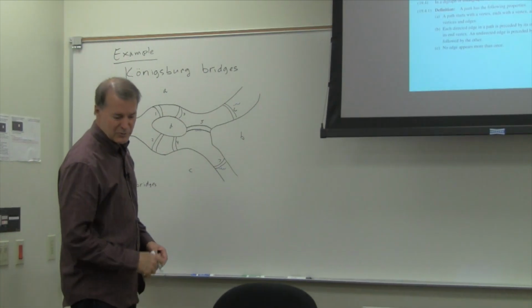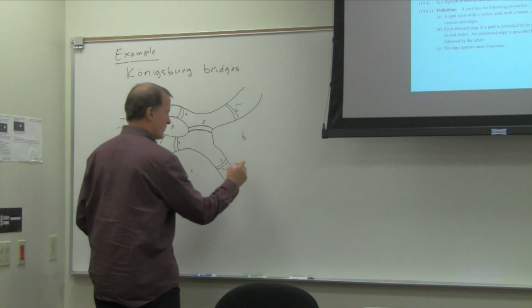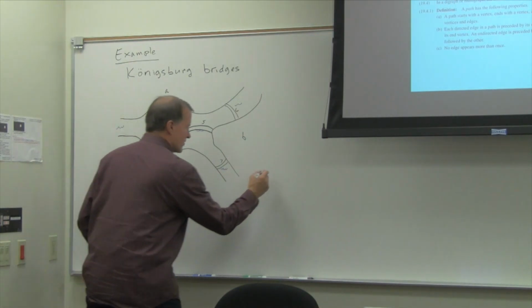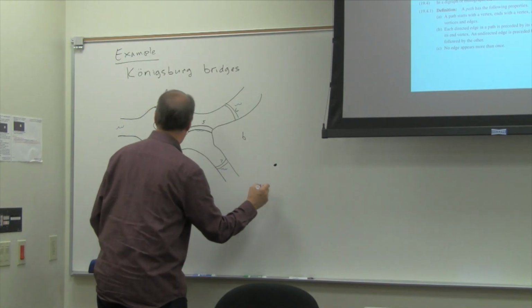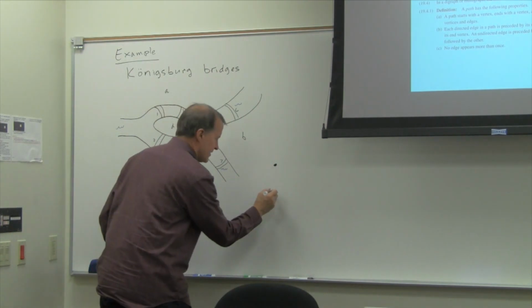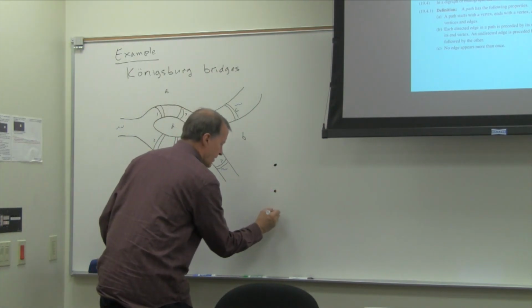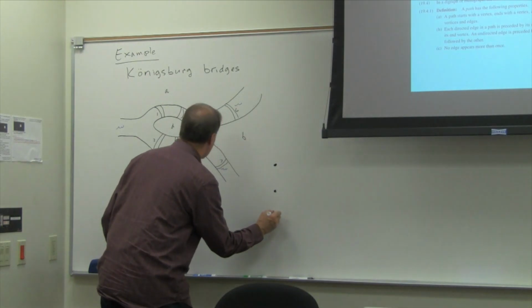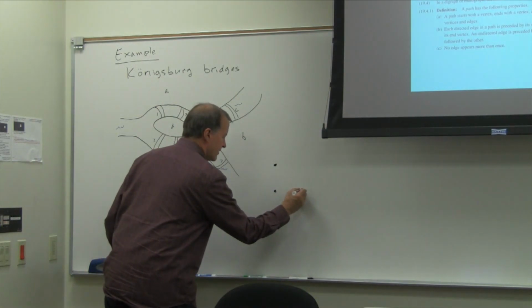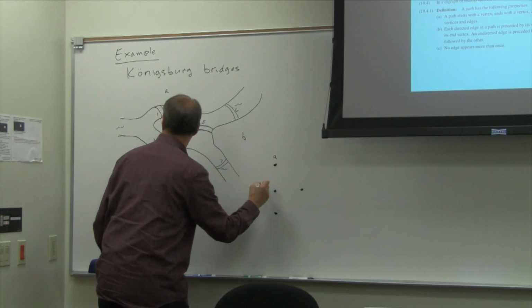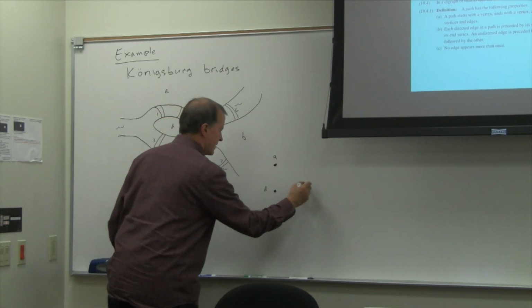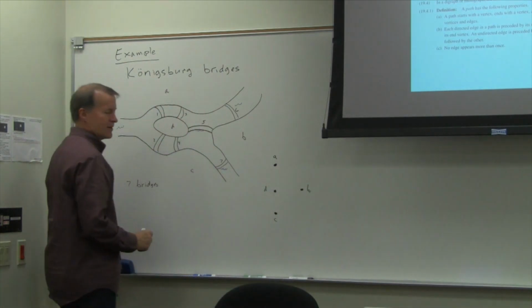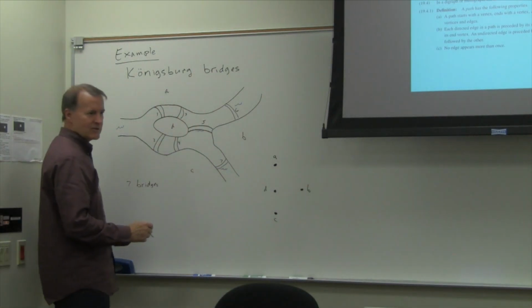Yes. Remember the definition of a multigraph. So what would it be? It would look like this. So here would be A, D, and C, right? And this would be B. Then our multigraph would look like what?